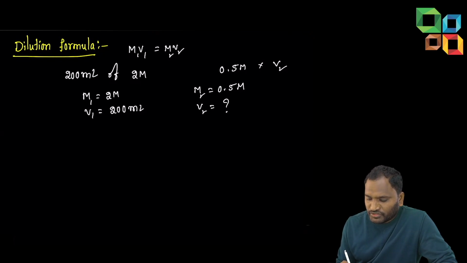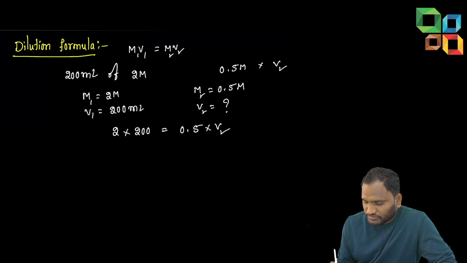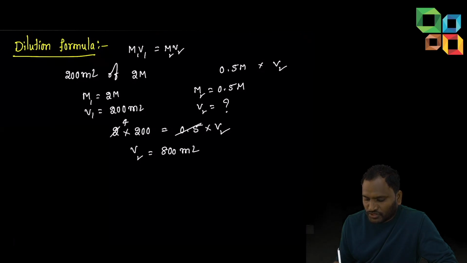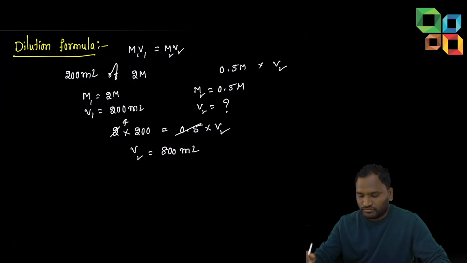So M1V1 is equal to M2V2. 2 into 200 is equal to 0.5 into V2. V2 is equal to 800. So we have to make this volume 800.